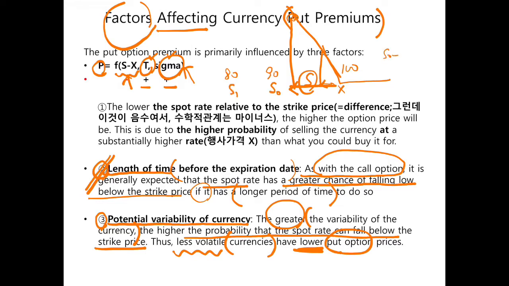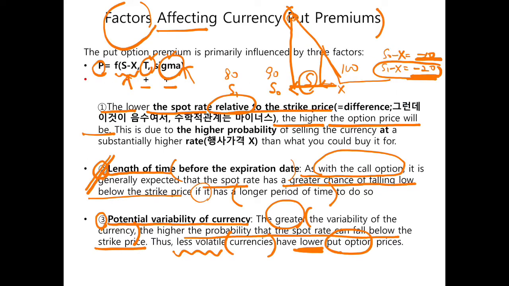S0 minus X will become minus 10, 90 minus 100. S1 minus X will become minus 20. So this one will give you a higher payoff, right? But mathematically speaking, this one has a lower value than this one. So what it means is, the lower the spot rate relative to the strike price, the higher the put option price will be, right? Now let me clear the page.